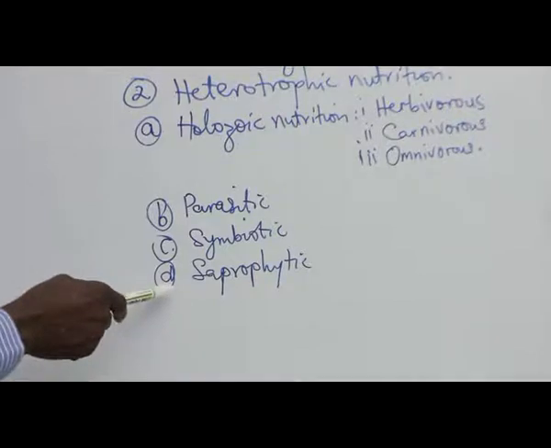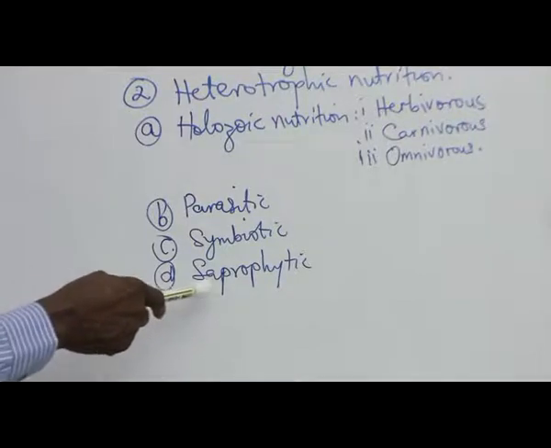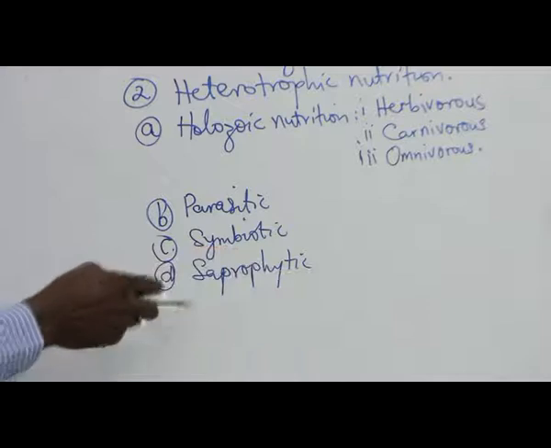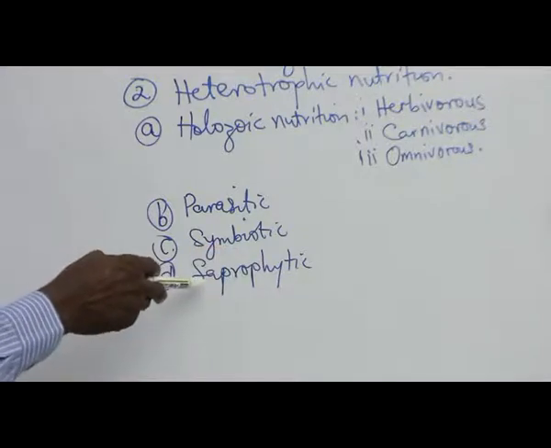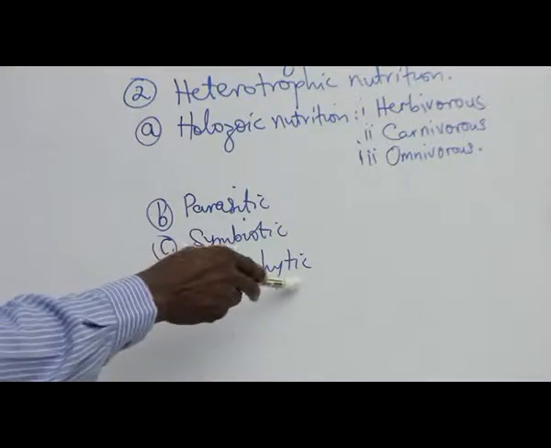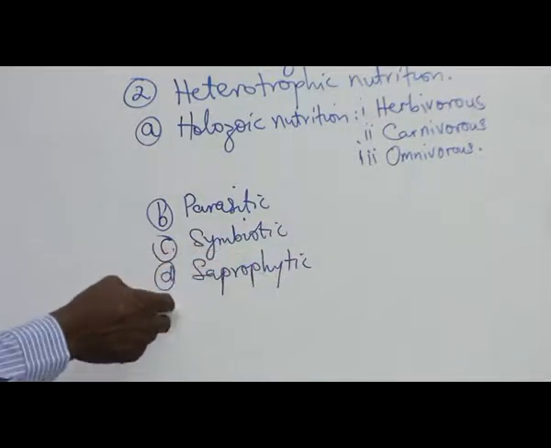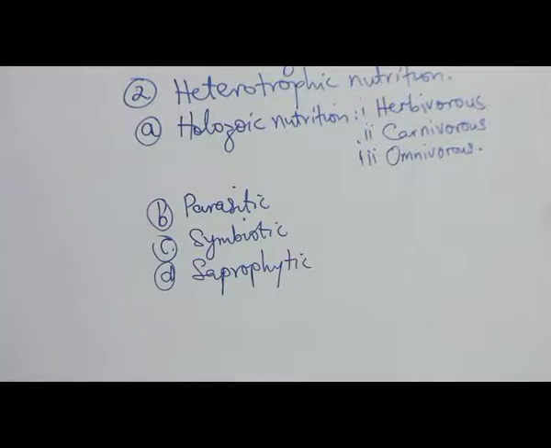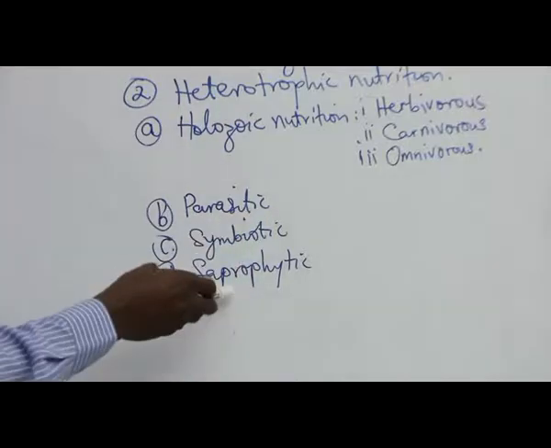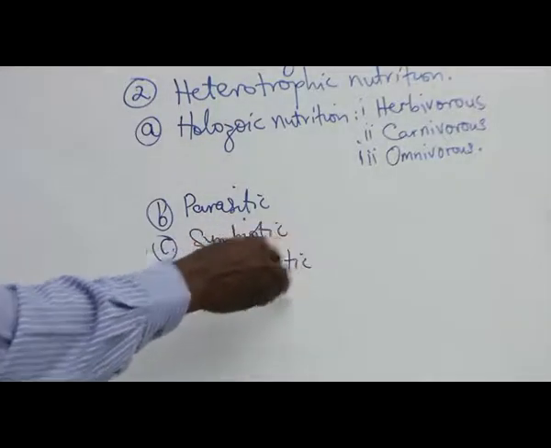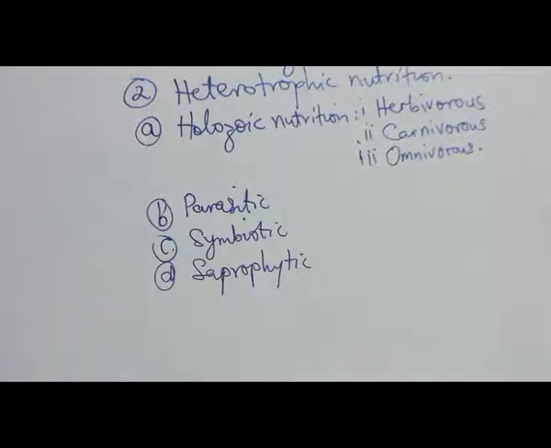Now let's look at the D type, saprophytic nutrition. Here, the organism is feeding on a dead body. Fungi fall into this group. Some bacteria are also in this group. They digest the dead body and absorb the food later on.